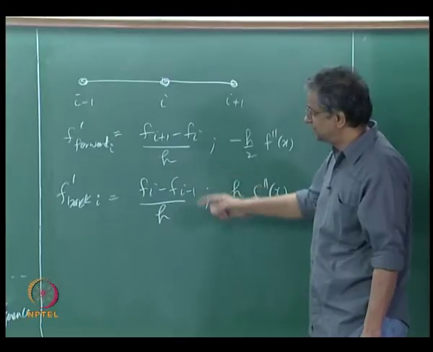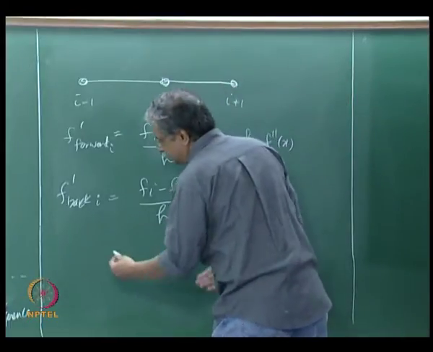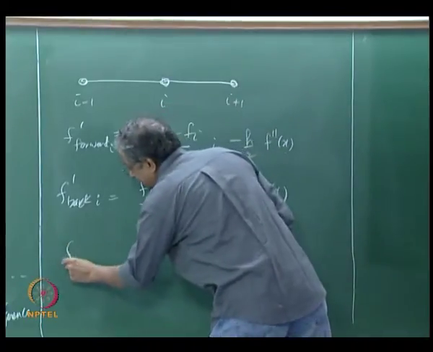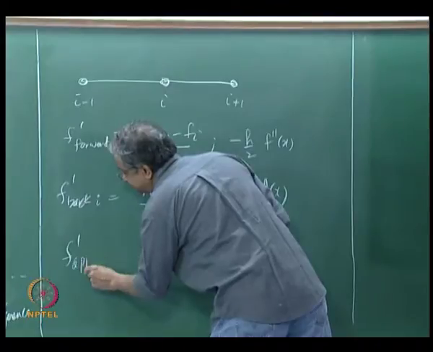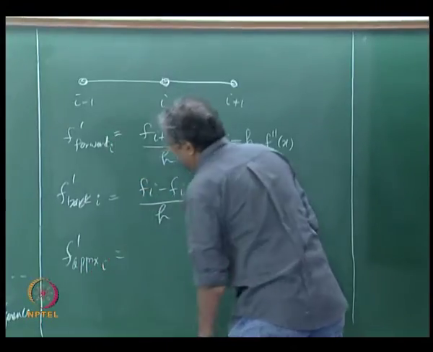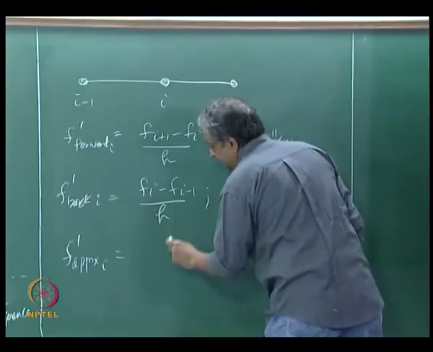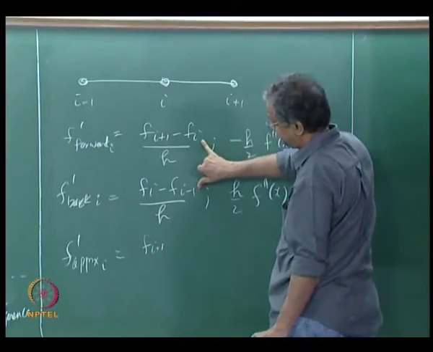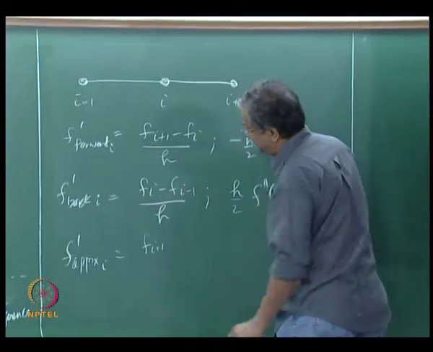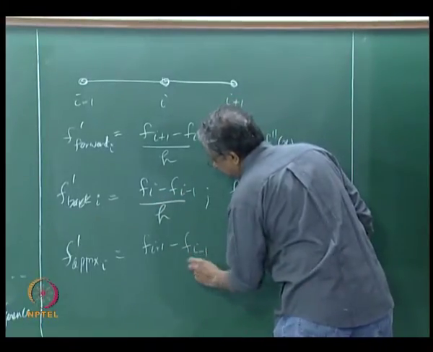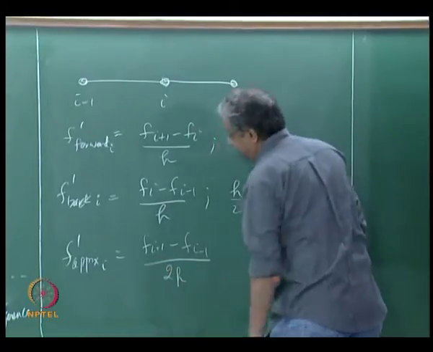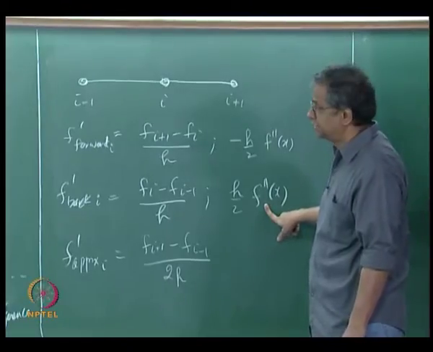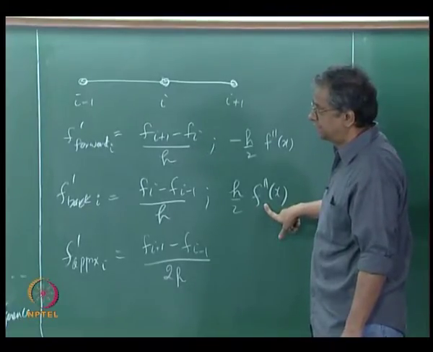If I take the average of these two, just by way of suggestion, from observation, f prime approximately at i is, what is the average of these two? f_{i+1}, the minus f_i and plus f_i will cancel, minus f_{i-1} divided by 2h. This goes away, so I will have to go back and recalculate my truncation error. So what would be my truncation error?